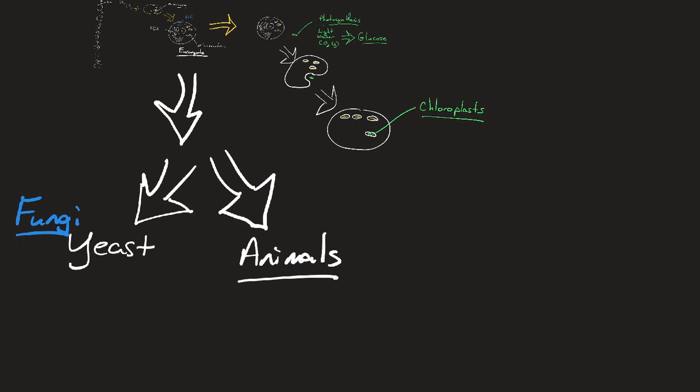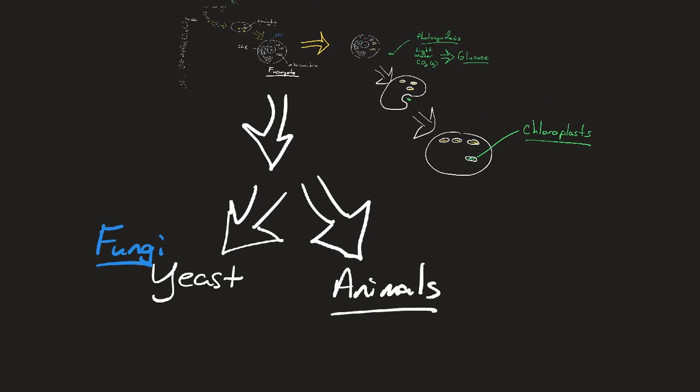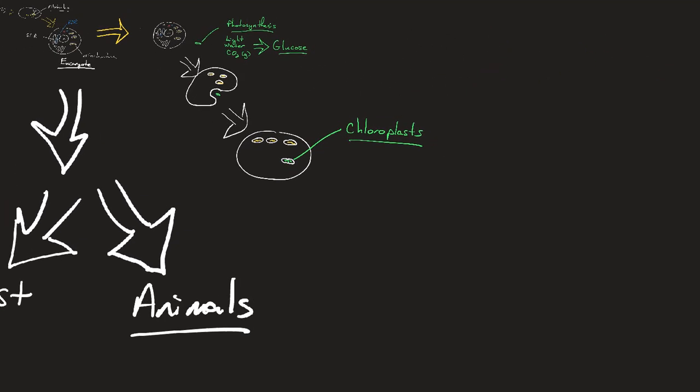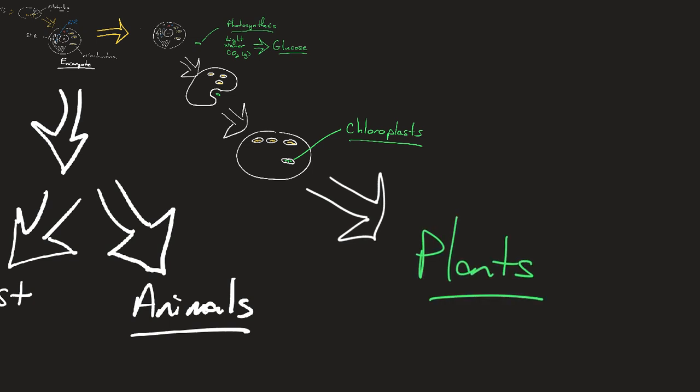They have mitochondria. See that? Do they have chloroplasts? No chloroplasts, but they have mitochondria. This group went on and became what? Plants. The only ones with chloroplasts.